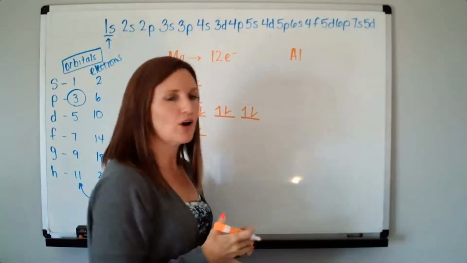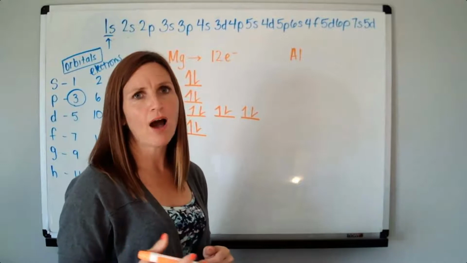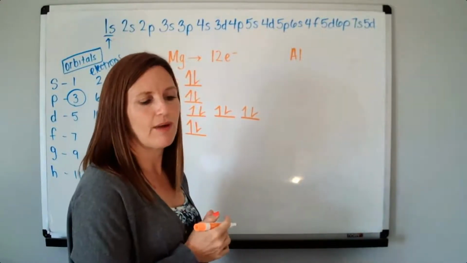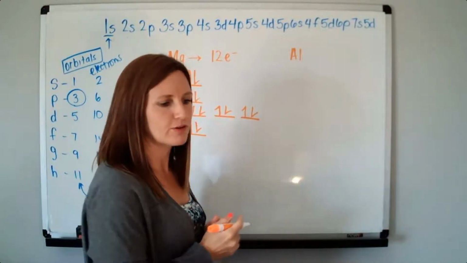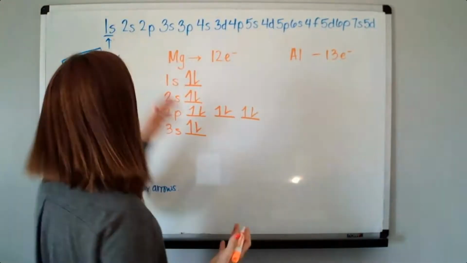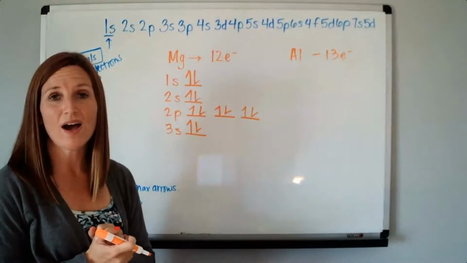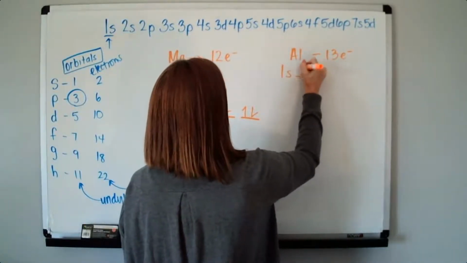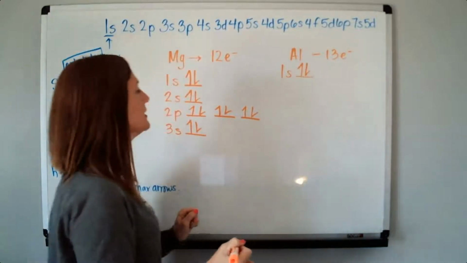So if we go look for aluminum, it's in the P block. It's at the top kind of corner of the periodic table, and aluminum has an atomic number of 13. So for aluminum, once again, we start back at the 1s with 1s and 2 electrons in it.